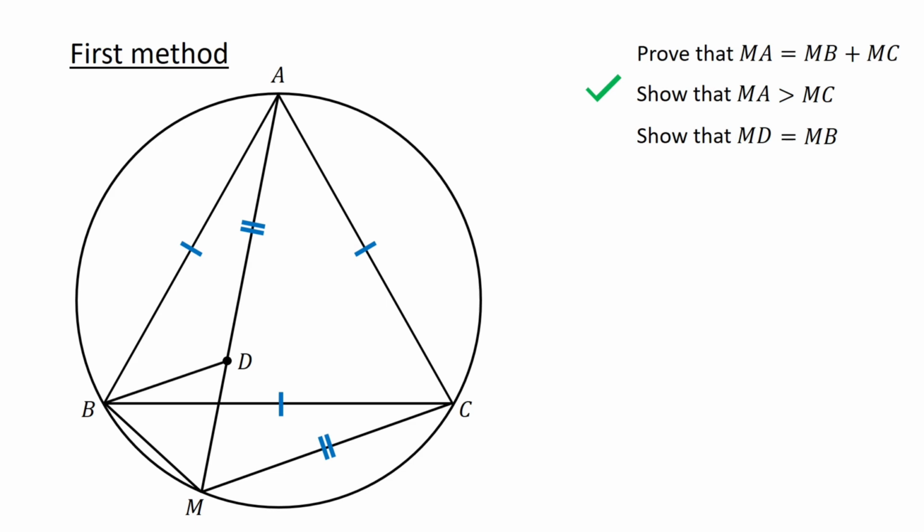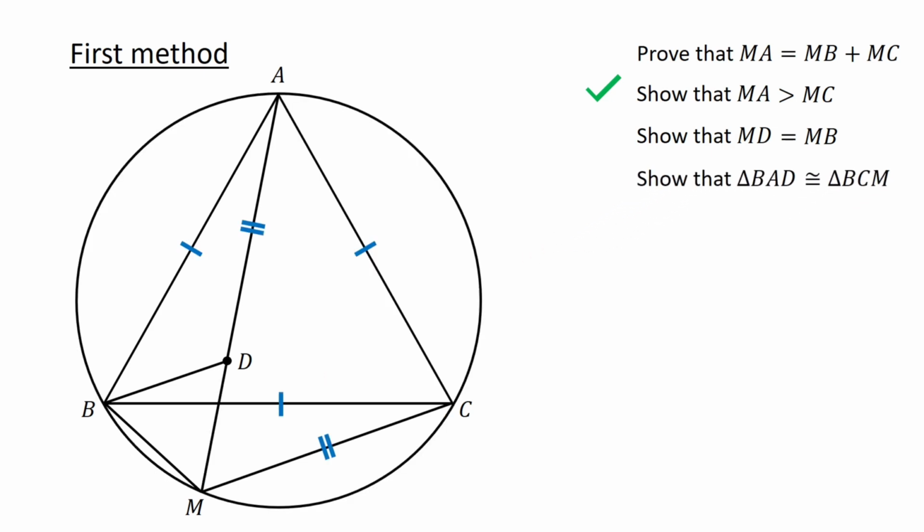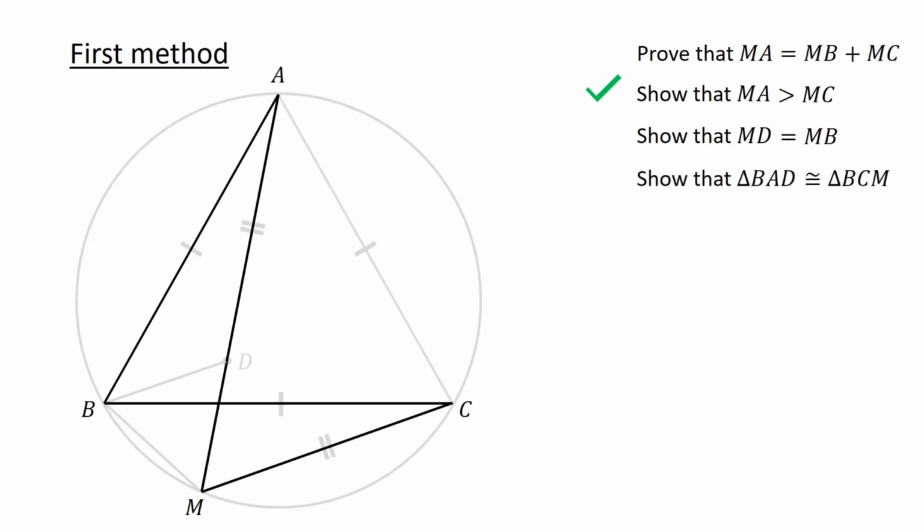Before showing that MD equals MB, let's first show that triangle BAD, which is this triangle, is congruent to triangle BCM, which is this triangle. To do that, let's focus on the part of the diagram consisting of the line segments BA, BC, MA, and MC.